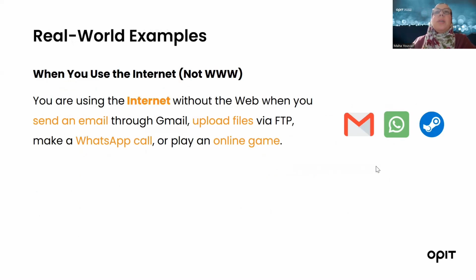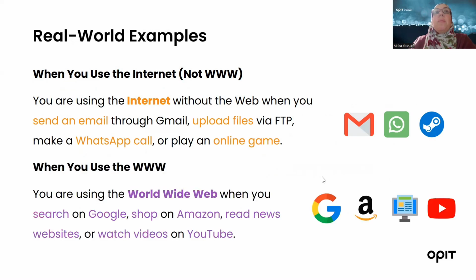So what are real world examples where you use the internet but it is not the WWW? Sending emails, communicating with WhatsApp, and playing online games are all internet services, but not the WWW. What are the WWW ones? Google, Amazon, and every URL you write to access via Chrome or Firefox.